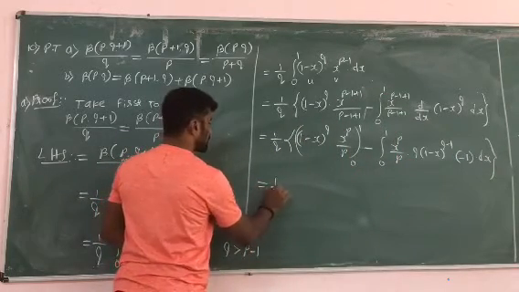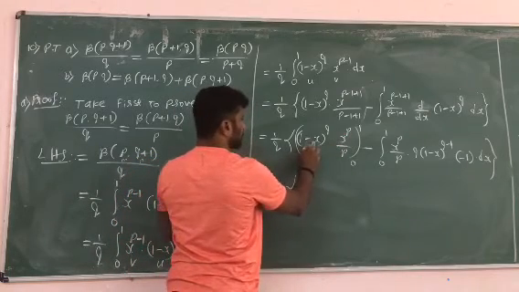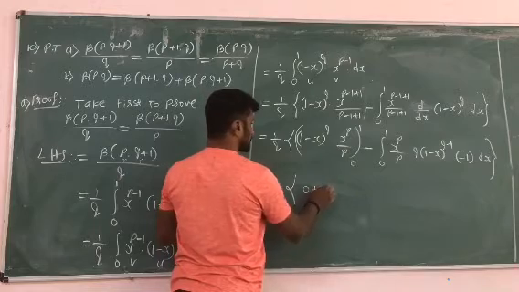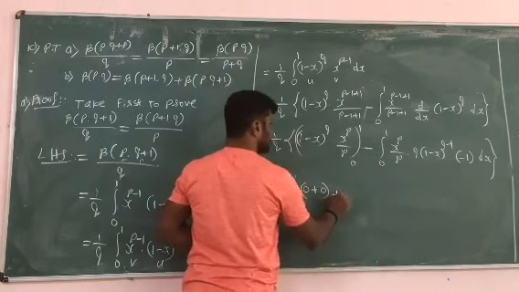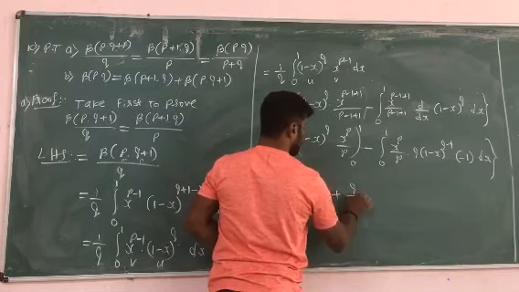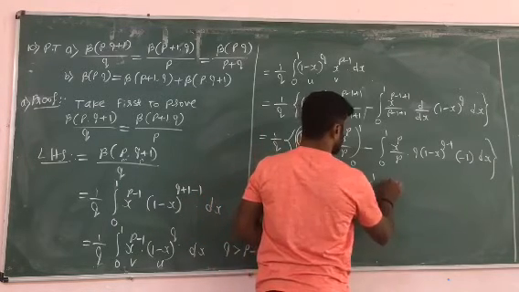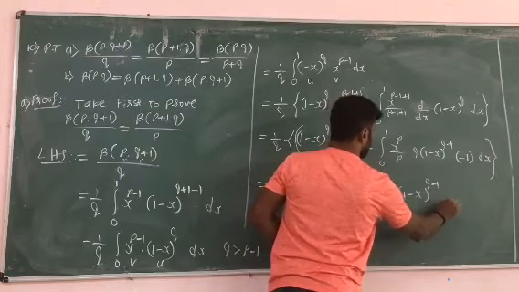So that equals 1 divided by q. Upper limit x is 1, so 1 minus 1 is 0. Lower limit x is 0, so it is 0. So it is totally 0. Minus into minus is plus. So q by p into integration of 0 to 1 x raised to p into 1 minus x raised to q minus 1 into dx.